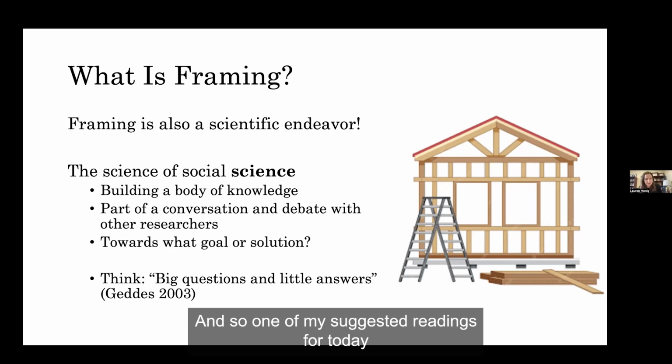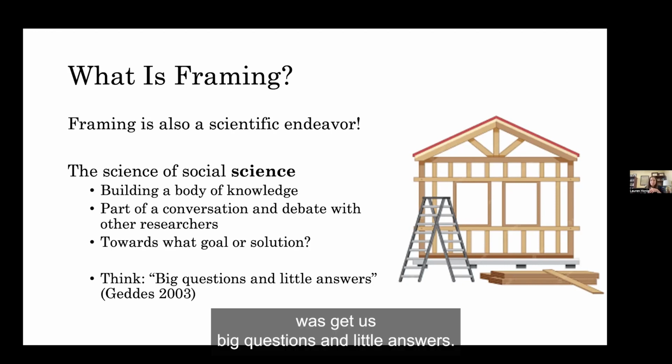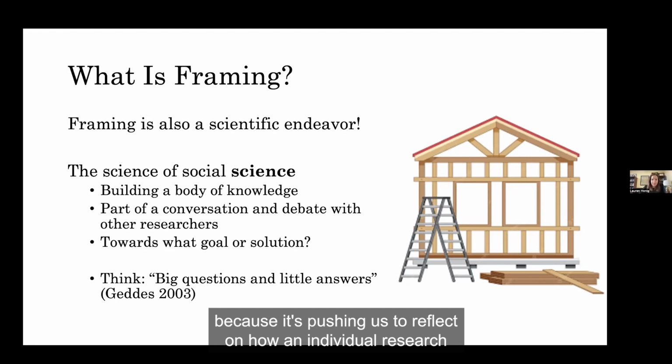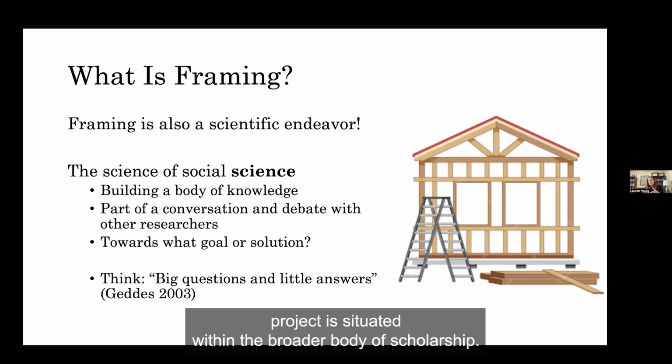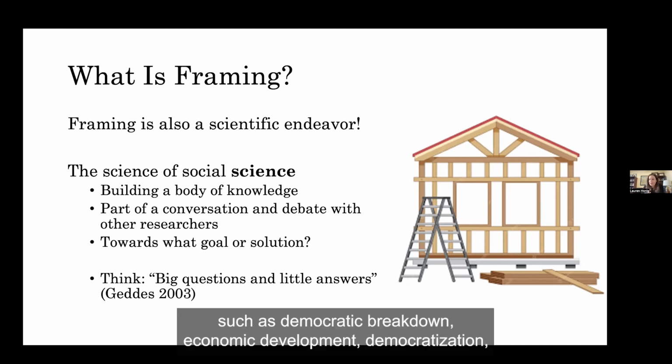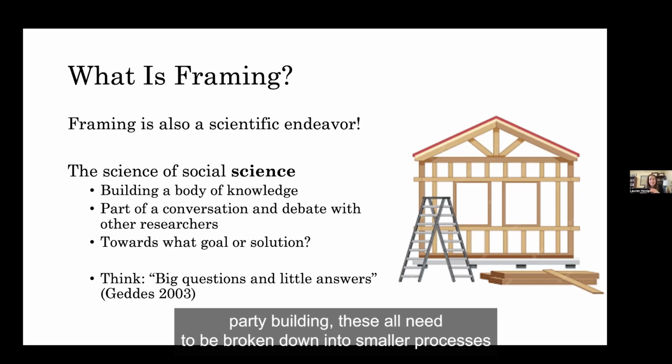And so one of my suggested readings for today was Geddes' Big Questions and Little Answers. And I'm particularly fond of this reading when we're thinking about framing because it's pushing us to reflect on how an individual research project is situated within the broader body of scholarship. And in this work, her argument is that large-scale phenomena such as democratic breakdown, economic development, democratization, party building, these all need to be broken down into smaller processes.